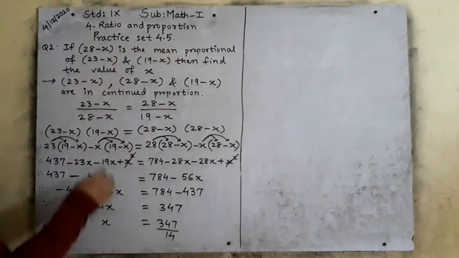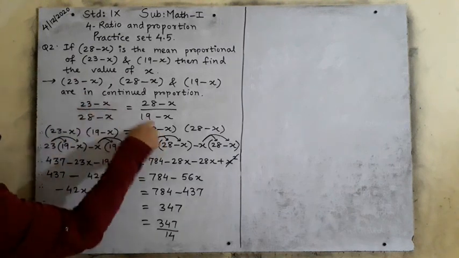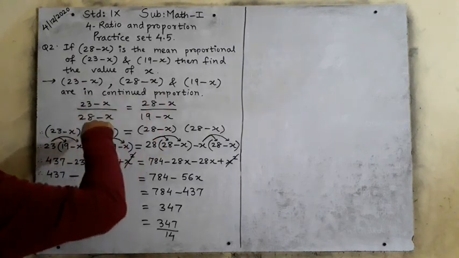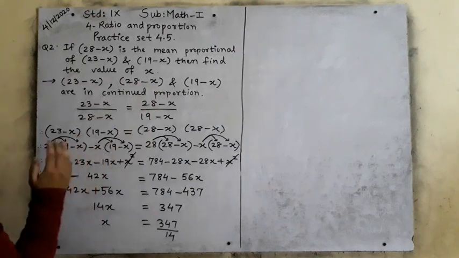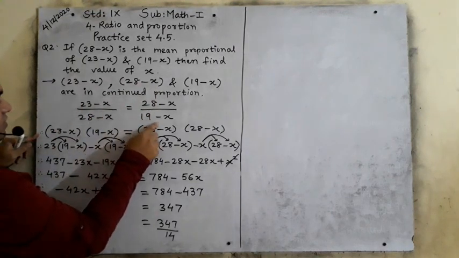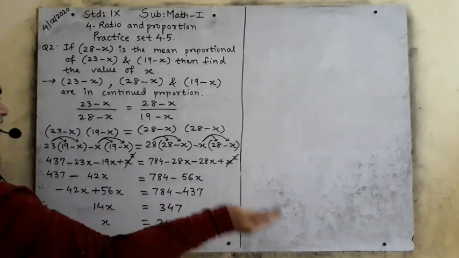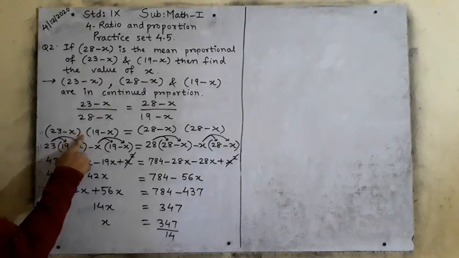Okay, so again we will cross multiply. This A will multiply to C on the left hand side and B will multiply to B on the right hand side. There will be two brackets and there is a multiplication.